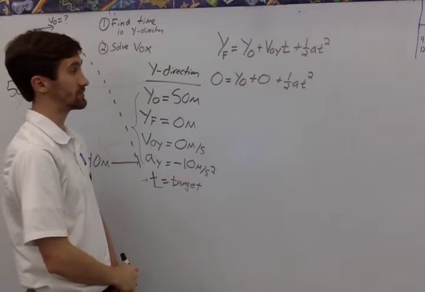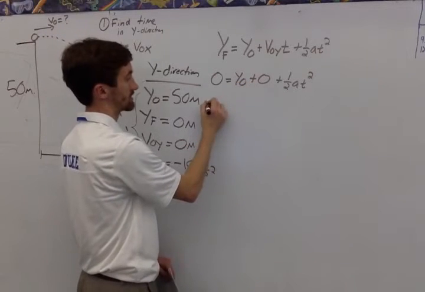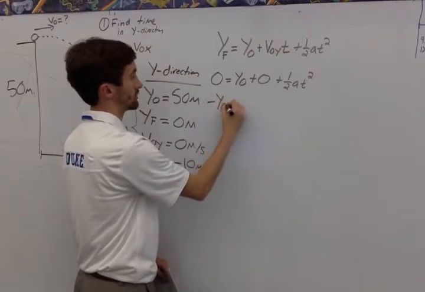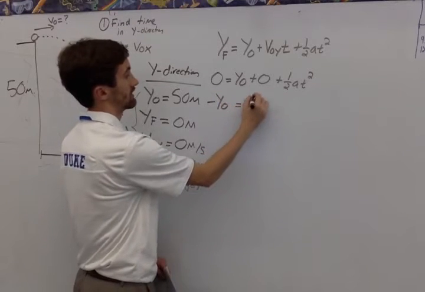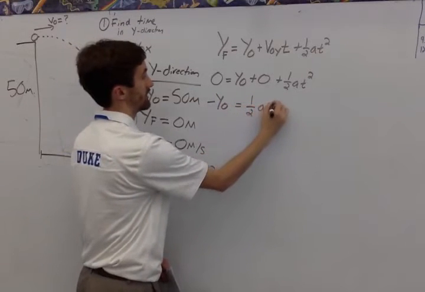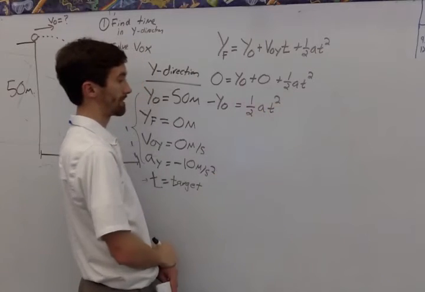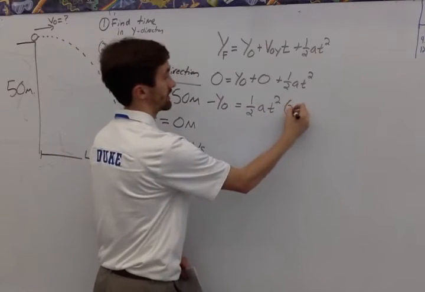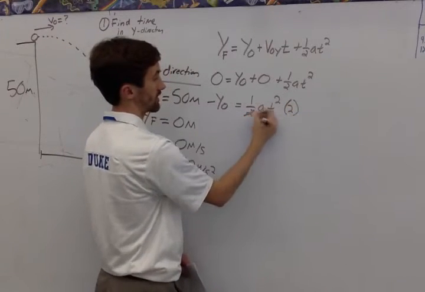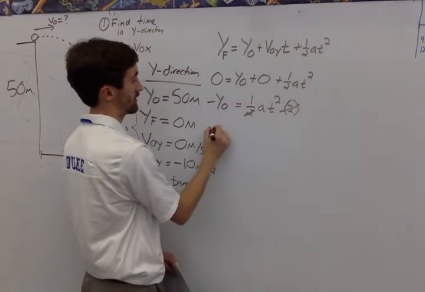And I need to get t by itself, so I'm going to subtract my initial position to the other side. Negative initial position equals 1/2 a t squared. I'm going to multiply by 2 so that I can cancel out my half.